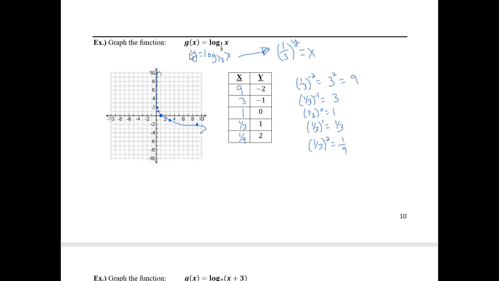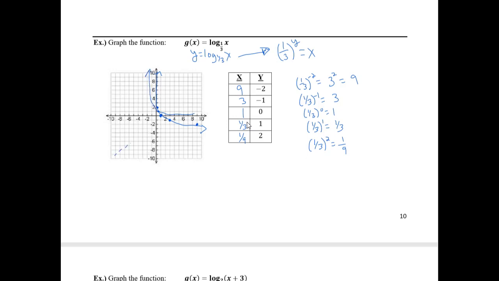And remember when we had a fractional base with our exponential functions, instead of going up like a base that was greater than 1, it is coming down. So the exponential function with a fractional base went like that.